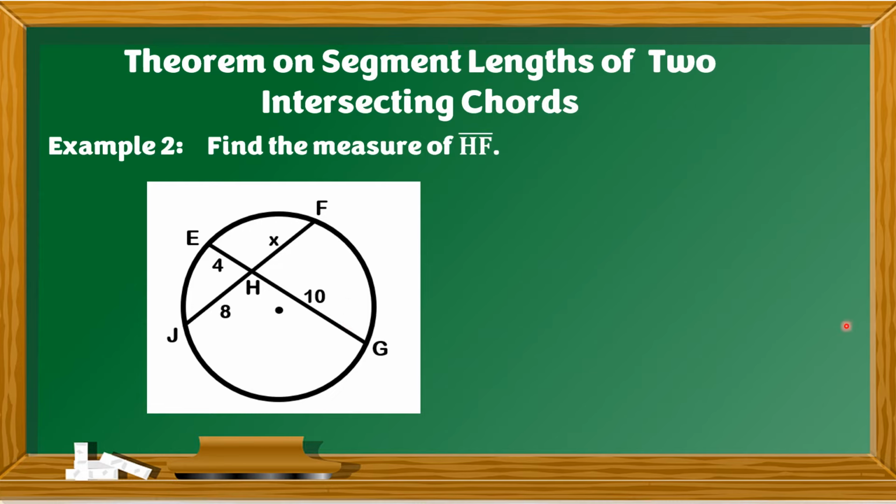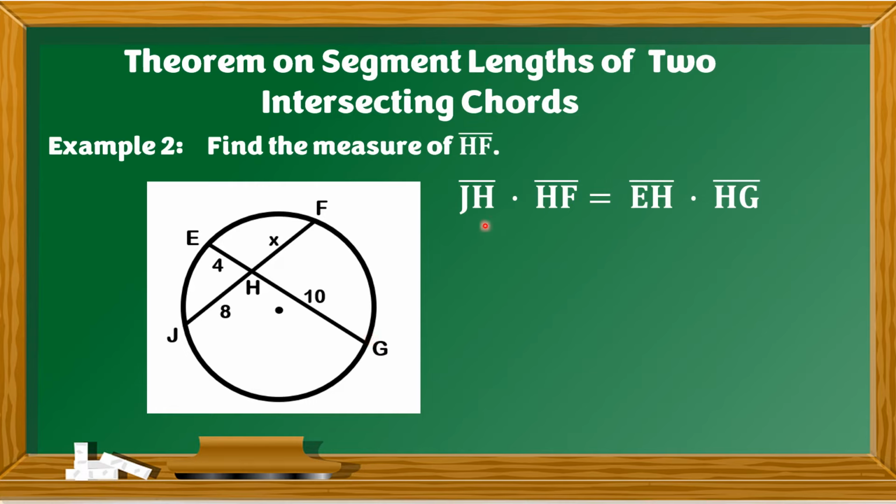First step is we're going to determine the equation that will represent the given illustration by applying the theorem on segment length of two intersecting chords. And the equation is line segment JH times line segment HF is equal to line segment EH times line segment HG.